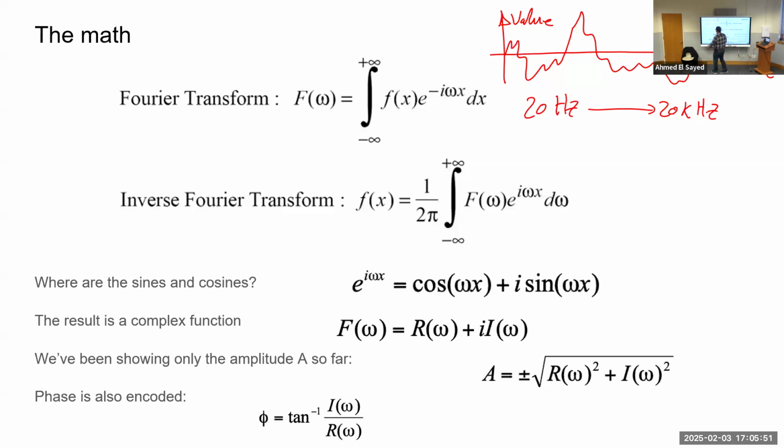For that purpose, we use something called the Fourier transform. Fourier transform is a mathematical technique which can be defined using those equations. I will not go through this in more detail, okay? Because this is high-end math.